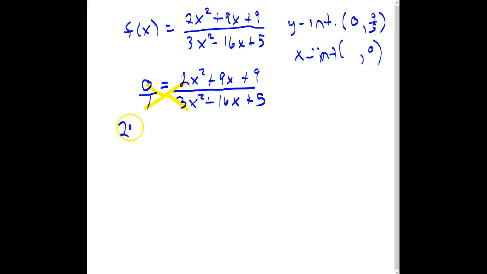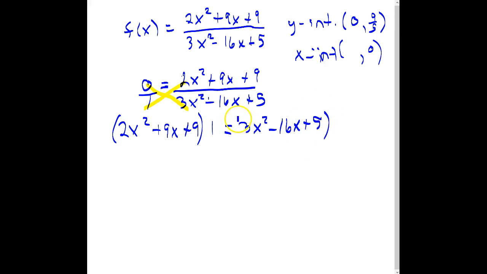So I'm going to have 2x squared plus 9x plus 9, and that is times 1 equals this 3x squared minus 16x plus 5, and that's going to be times 0. Well, anything times 0 is 0. So now I'm looking at this 2x squared plus 9x plus 9.